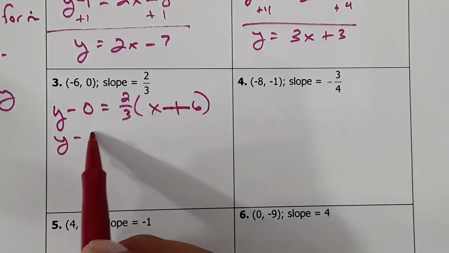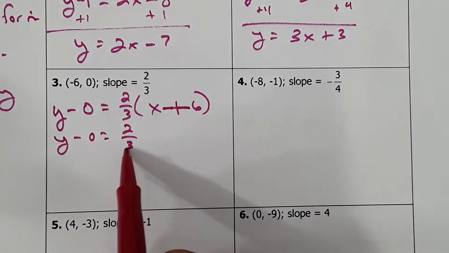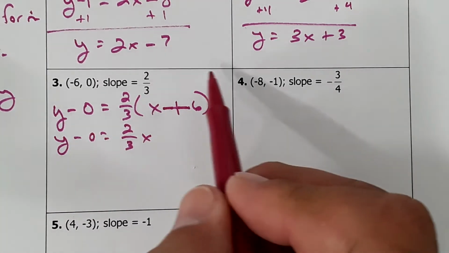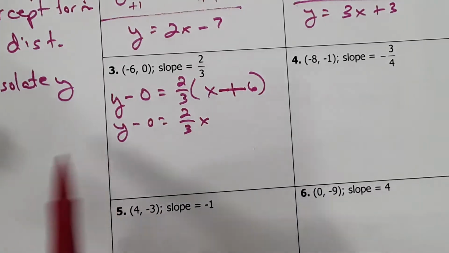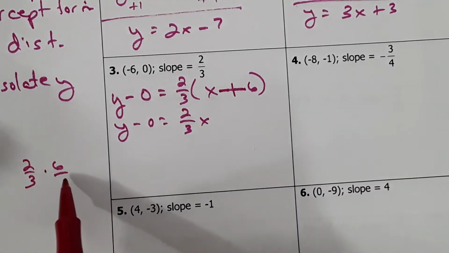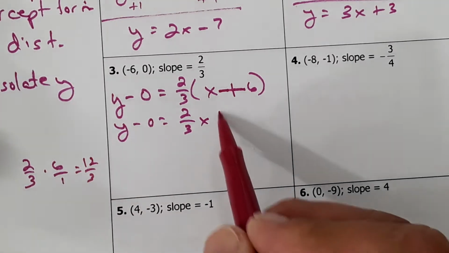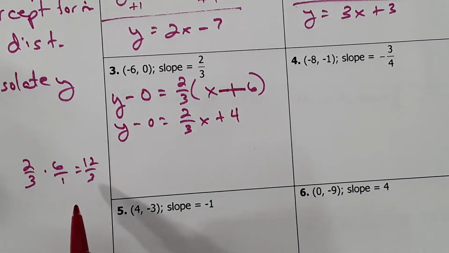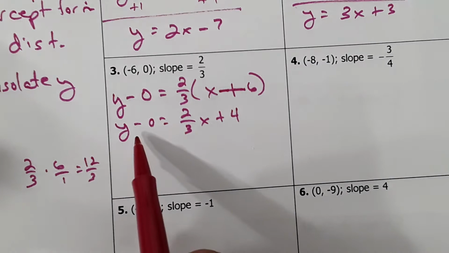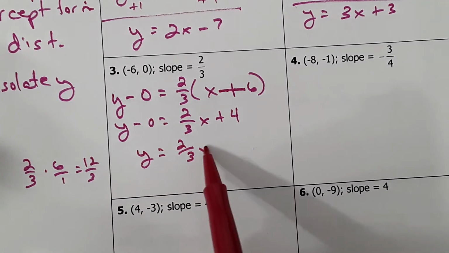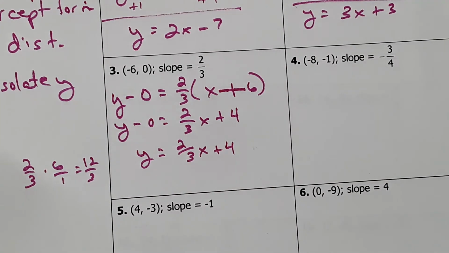So distribute, 2/3 times x is 2/3 x, and 2/3 times 6. Side note, 2/3 times 6 over 1 would be 12 over 3, which reduces to 4. 12 divided by 3 is 4. Y minus 0, that's just y. That just goes away, and I have it in slope-intercept form.